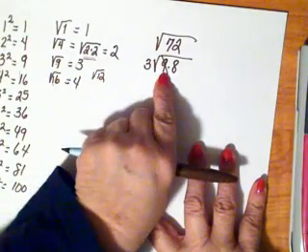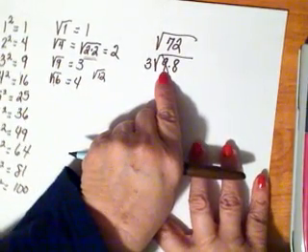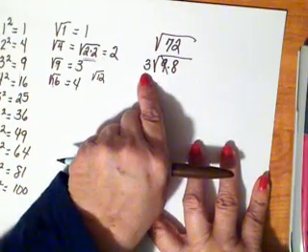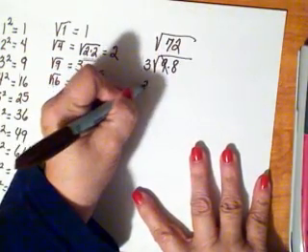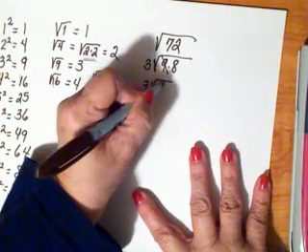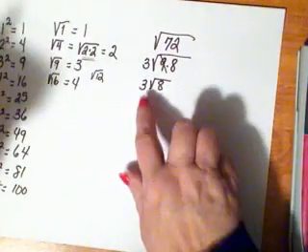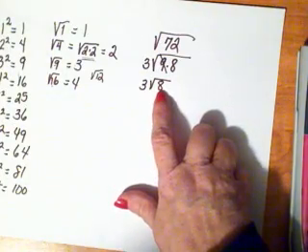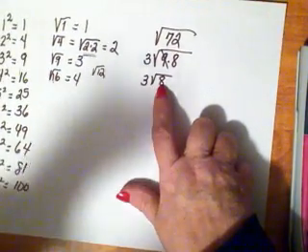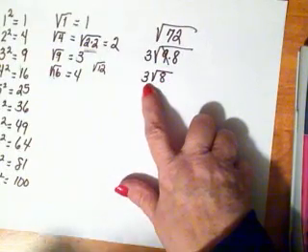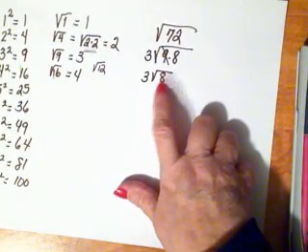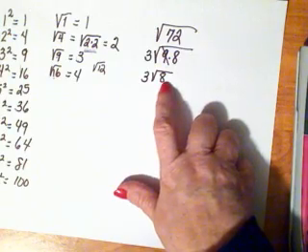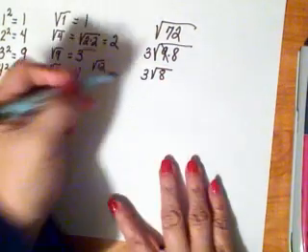Now, once you take the square root of that 9, it's no longer under the square root sign or the radical. It belongs outside. So now I have something that looks like 3, and it's read either 3 on the square root of 8 or 3 times the square root of 8. You'll hear me say both intermittently. It doesn't really matter what you use. Now, but this one is still not in simplest form because I can write that as factors that I can take the square root of.